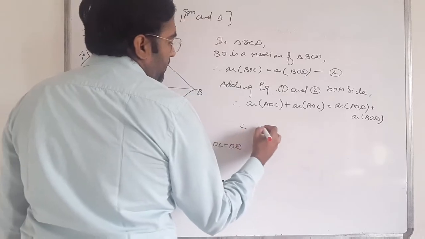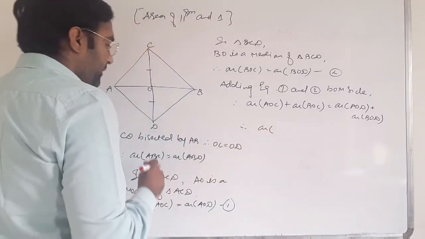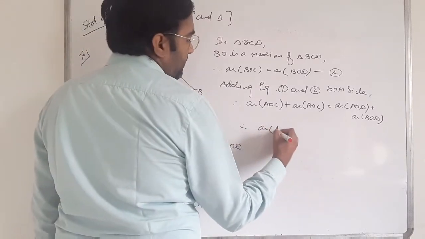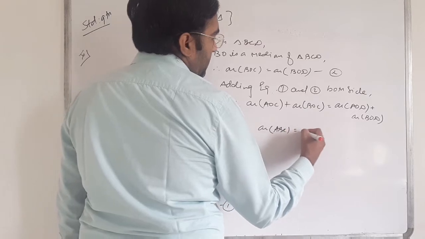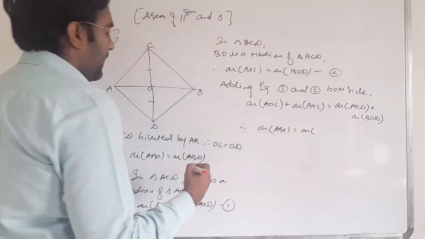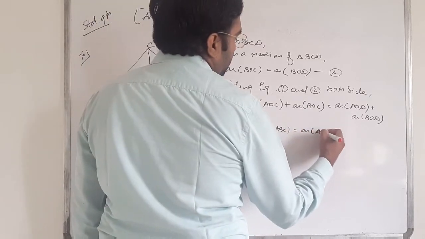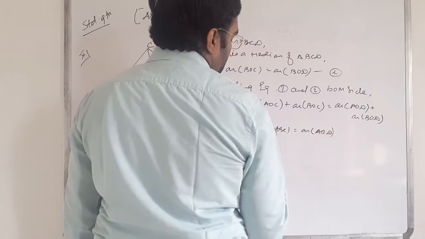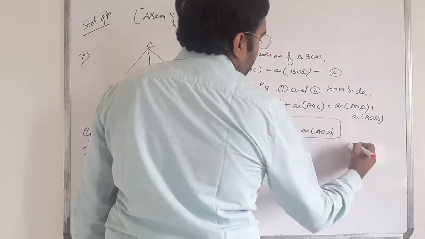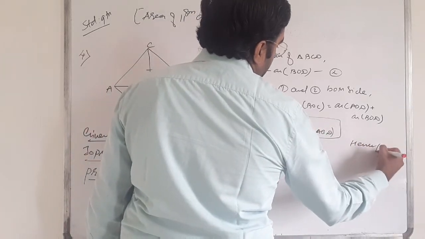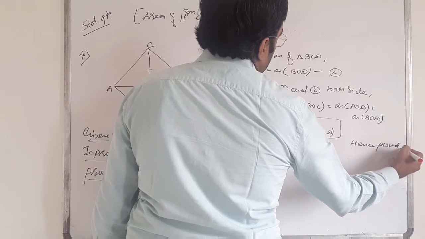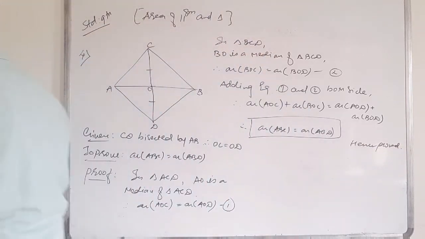So area of ABC is equal to the area of ABD. Hence proved. Clear? Please note it down fast.